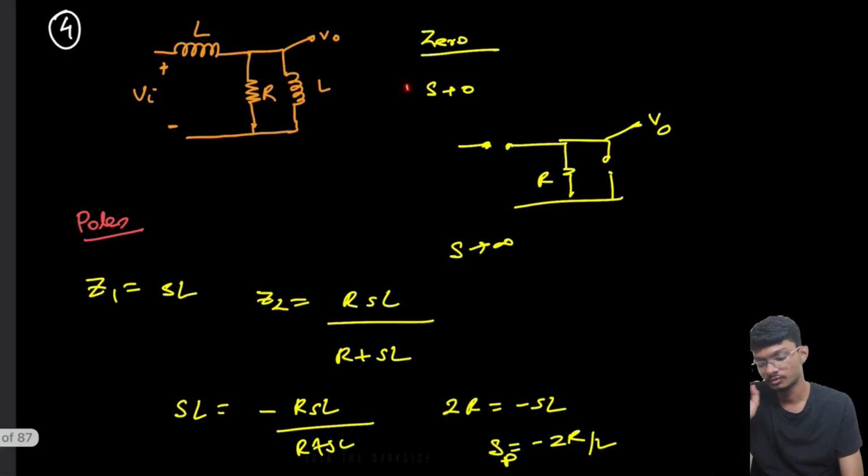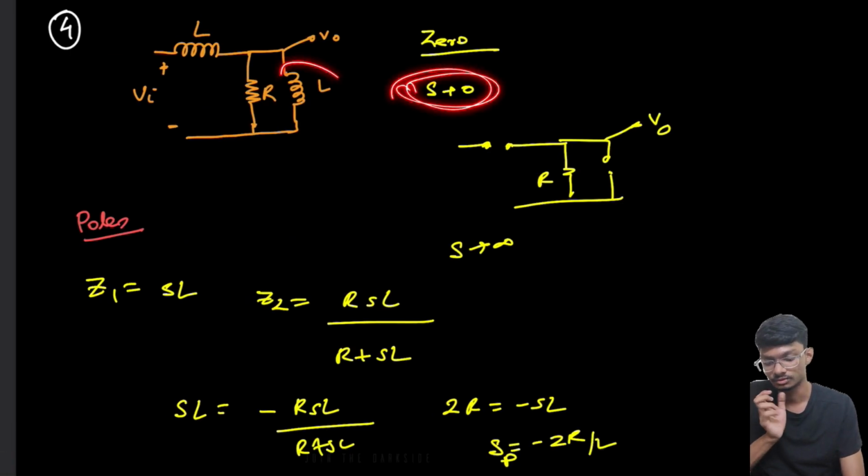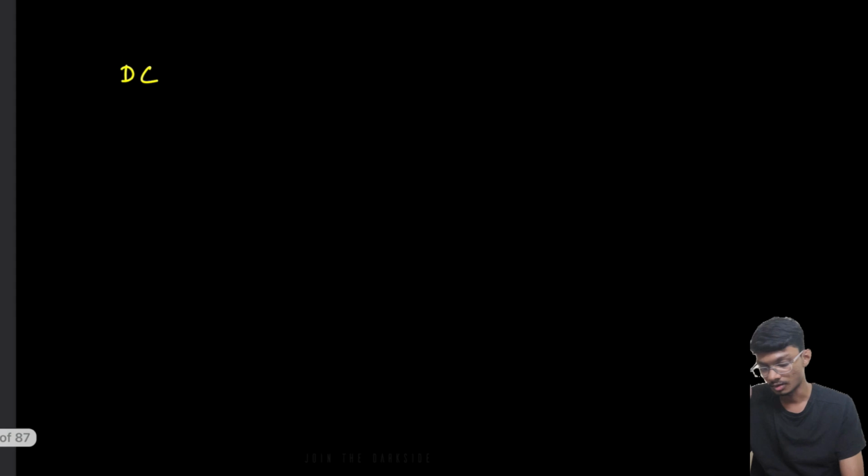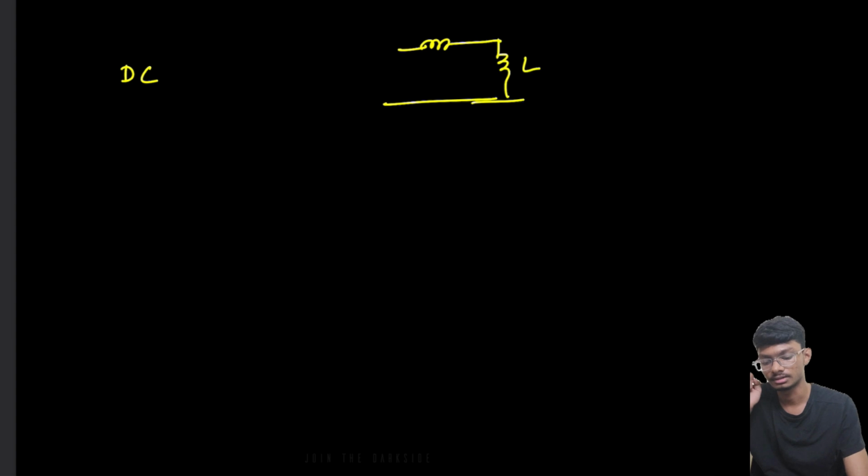Now earlier we skipped this part. At s equal to 0, we can't find a 0, as we can't short this, because this is also becoming 0. So how will the circuit look? The circuit will look something like this. R won't be present because the parallel combination has a much lower impedance than R, right? So this is 0, this is 0.